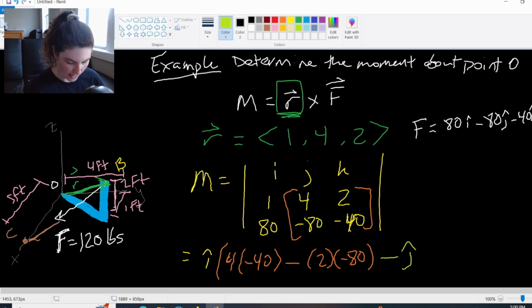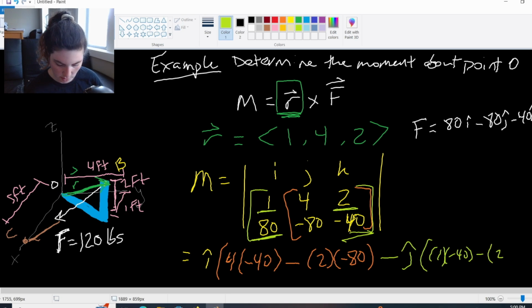Minus our j hat term, right? Always minus j hat. Our 1 times -40 minus 2 times 80, our j hat term, and then finally our k hat term, right?